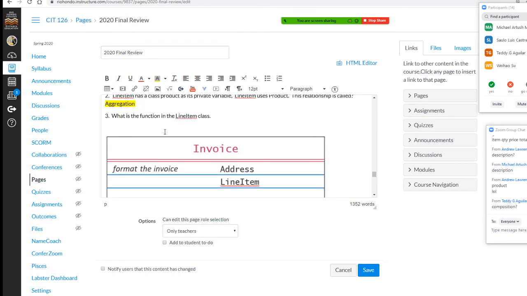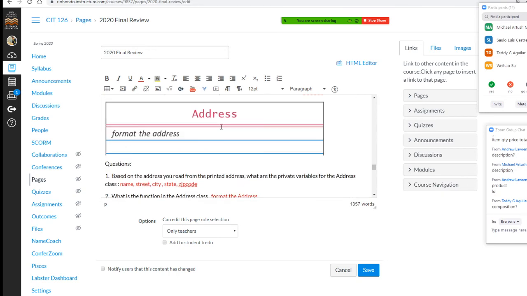Okay. How does the line item format? You tell me. How does the line item format?